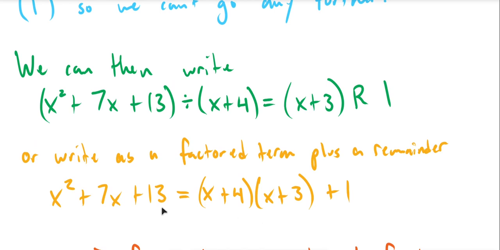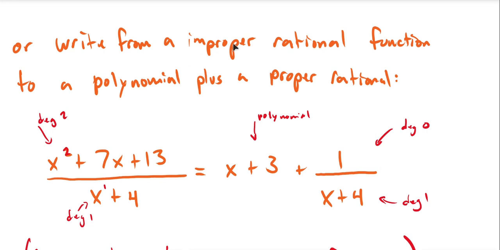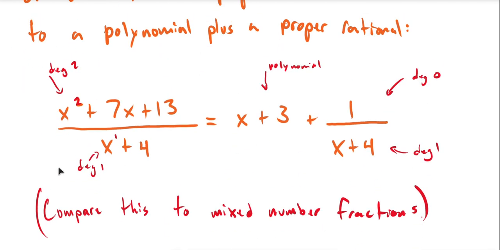We could write it in a quasi-factored form, where this is a factored part plus a remainder. Or we could write it as an improper rational function with higher degree up top than the bottom, and now a polynomial instead, and a proper rational function, where the degree up top is smaller than the degree in the denominator. Compare this pattern to the mixed number version of fractions.